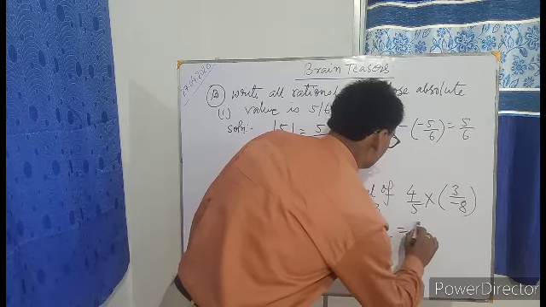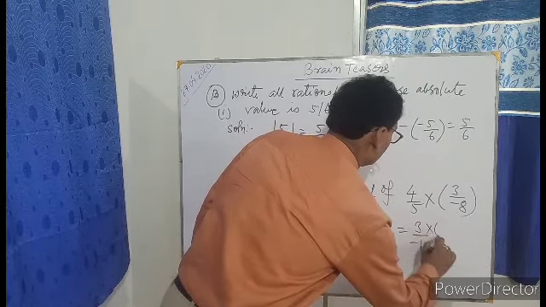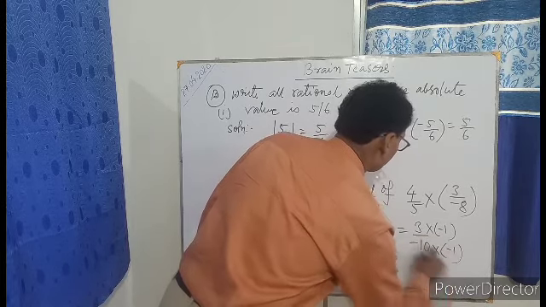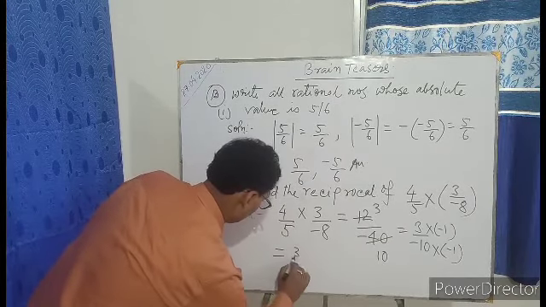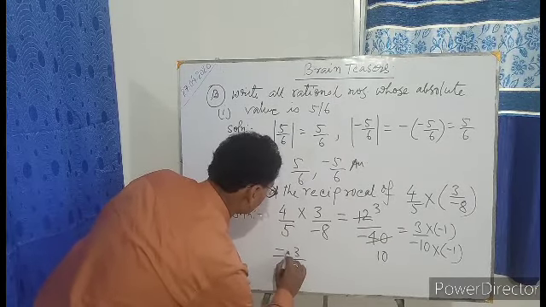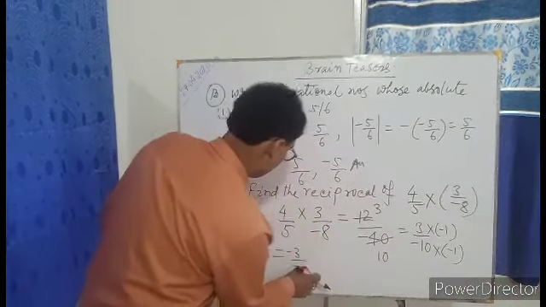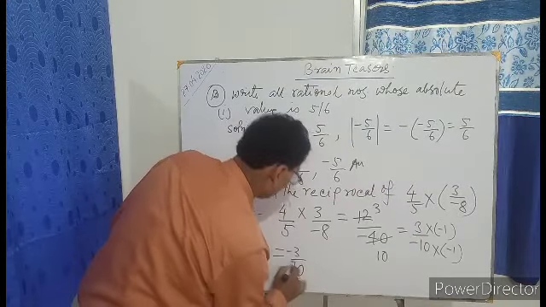So we are having 3 by minus 10, and this is not in standard form, so we'll convert it into standard form, and it will become minus 3 by 10.